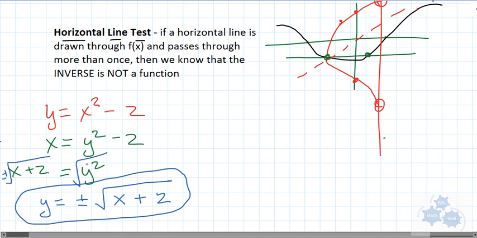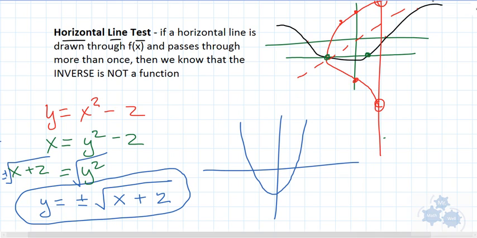Now what does this plus or minus mean? Well, we just draw a quick sketch of this. It maybe looks something like this.